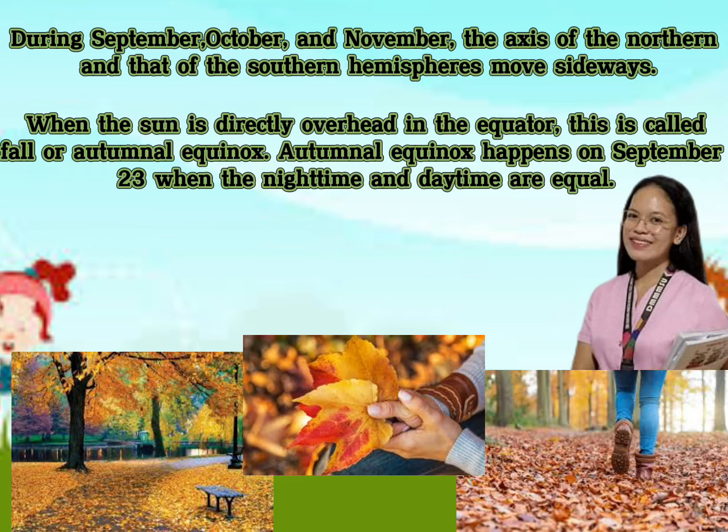When the sun is directly overhead in the equator, this is called fall or autumnal equinox. Autumnal equinox happens on September 23 when the nighttime and daytime are equal.